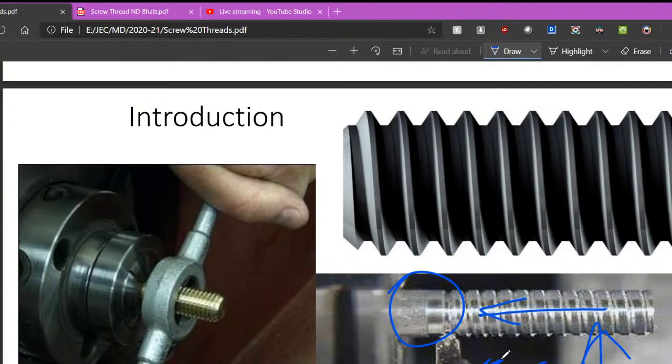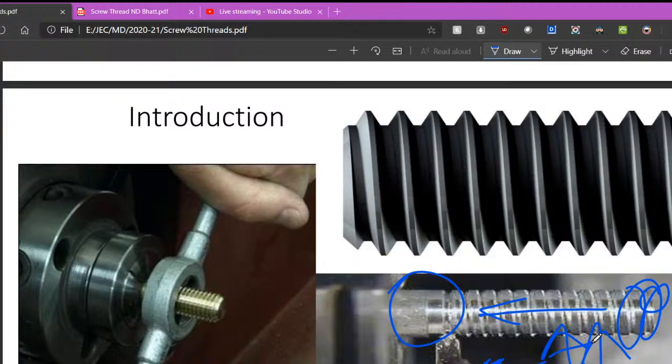This is called feed of the tool. On a lathe machine we rotate the cylindrical bar at constant speed, then we feed the tool in the axial direction and at the same time press the tool against this cylindrical bar, which we can call the workpiece.